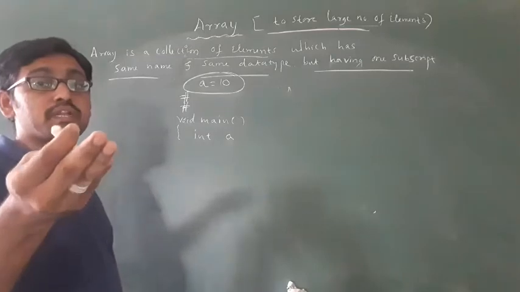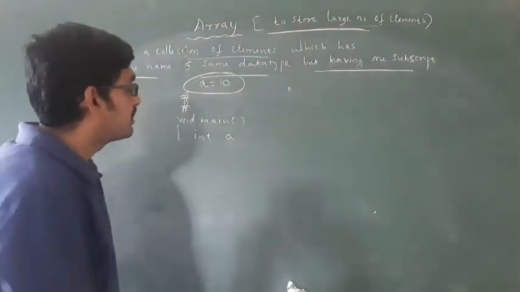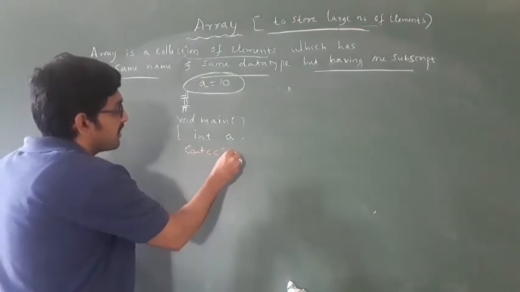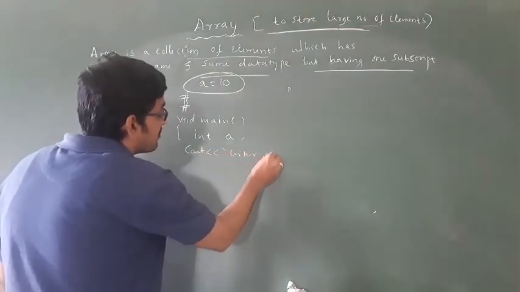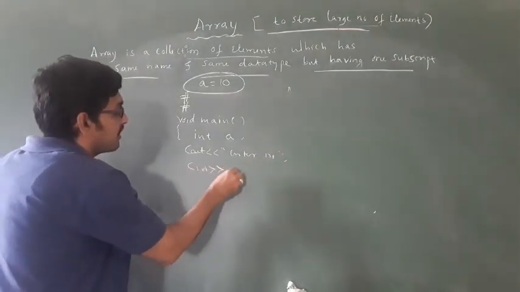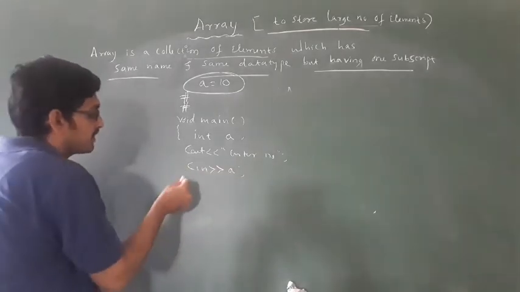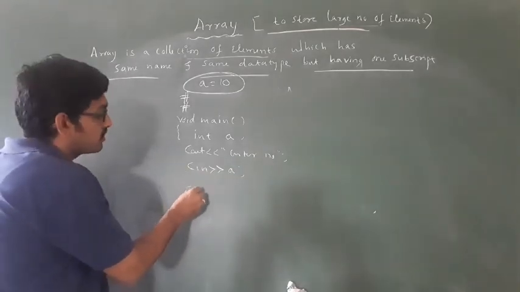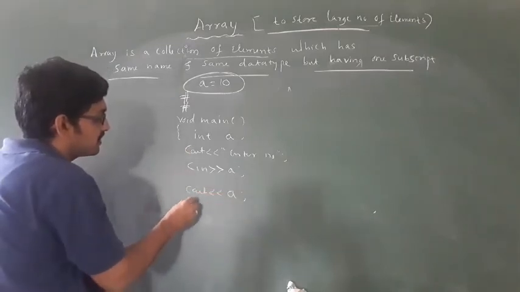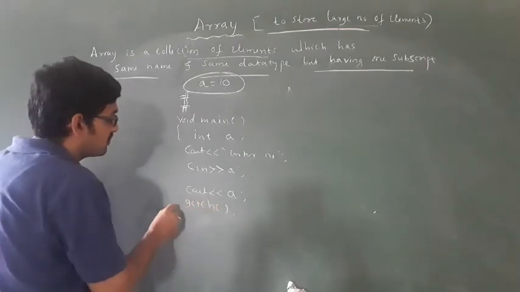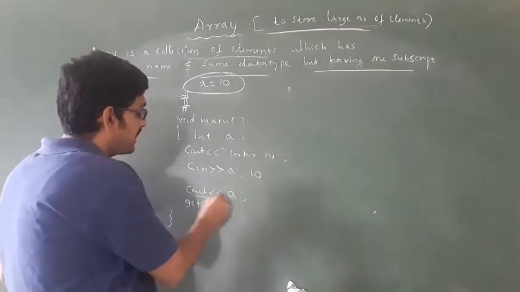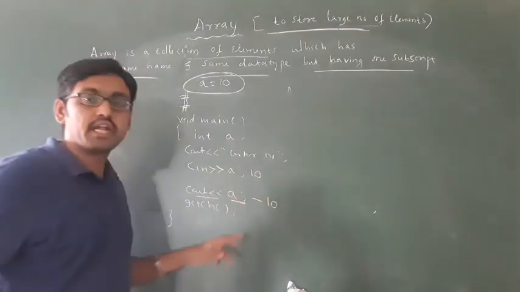Then cout enter number, then cin a, then cout a, then getch, close the bracket. Enter number, for example 10, then 10 will be displayed.